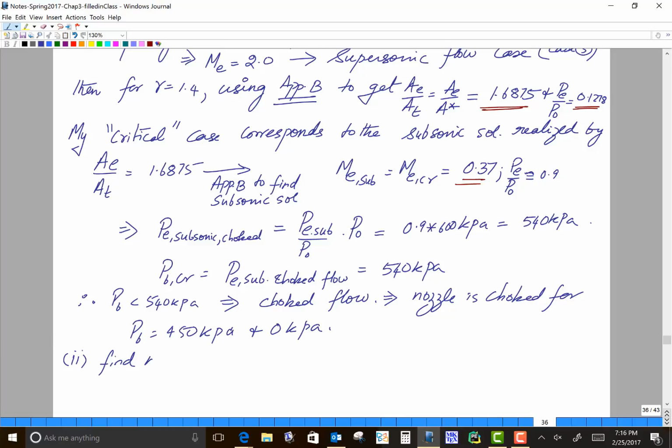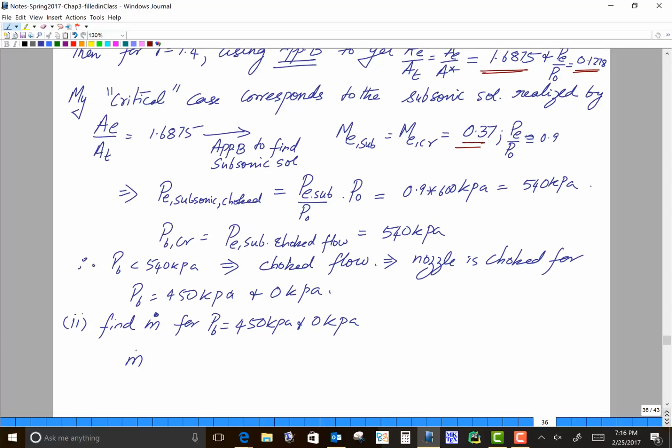Find m dot for PB equals 450 kilopascal and 0 kilopascal. So the m dot is going to be m dot choked, since this is choked flow.